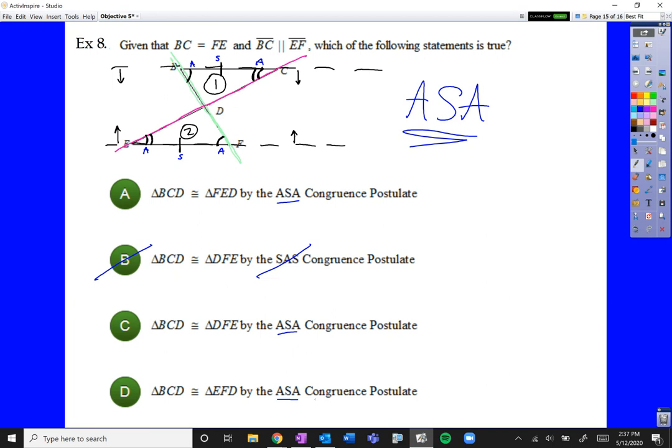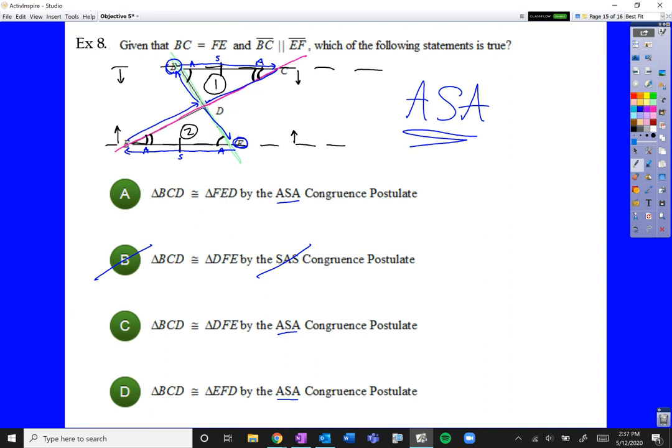So let's check it. Triangle BCD means we start at the single angle arc marker, go to the double, down, and then back. What about FED? We start at the single angle, we go across the single arc, up, and then back.